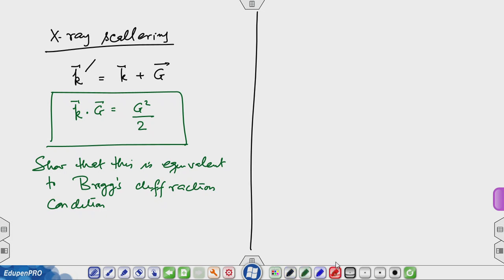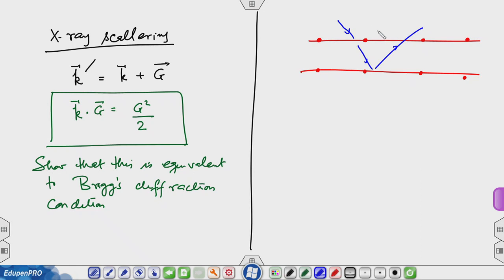Recall that Bragg's condition was that if I am given a lattice, then we assume that the X-rays which are coming in are reflected by these planes like a mirror, what is known as specular reflection.